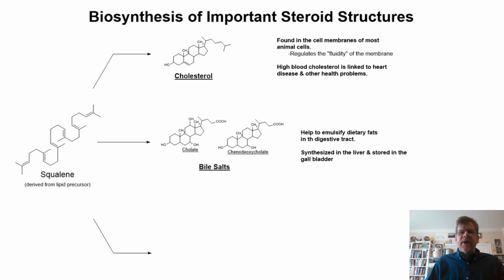The next type of steroid structure we're going to look at, and I should mention there are hundreds of different functions and types of steroid structures within animal systems, we're going to be looking at 3 of them. The second one are known as our bile salts. Our bile salts help to emulsify dietary fats in the digestive tract.